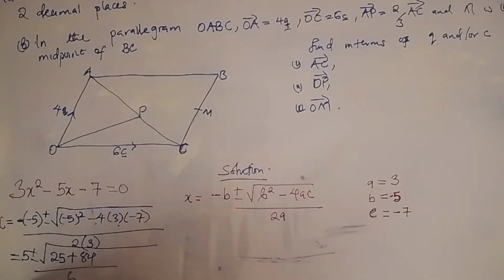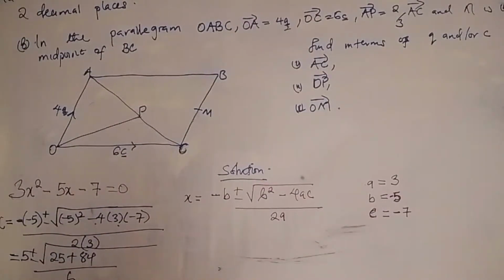Then now here you say 5 plus or minus the square root of 25 plus 84. So 25 plus 84, we have 109, divided by 6. So now here you can find the square root of 109.